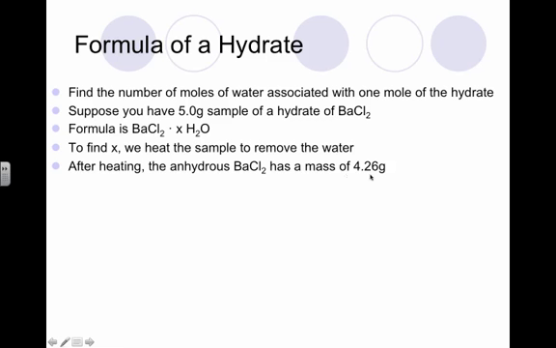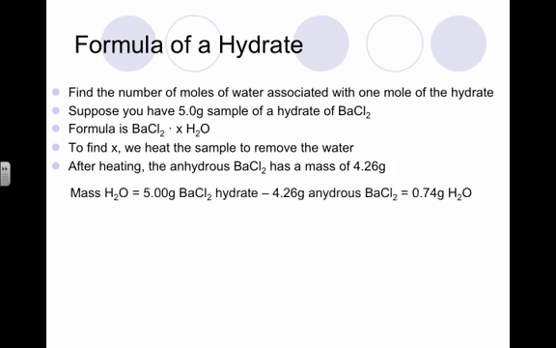We're going to undergo a calculation process similar to how we did the empirical formulas. The first thing we need to do is figure out how much water is present in the hydrate. We take the difference between the hydrate and the anhydrous salt, which leads us to 0.74 grams of water.